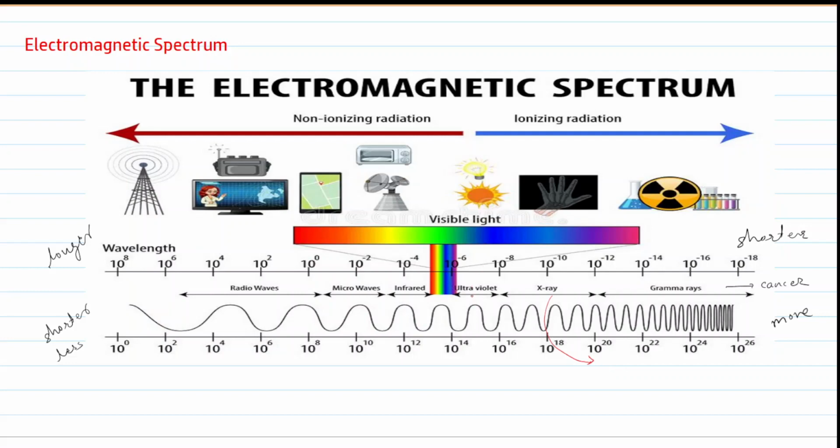Then these ultraviolet radiations are basically used in ultraviolet spectroscopy, where we can see the electronic transition from a lower state to a higher state. Then these visible radiations are also used in visible spectroscopy involving electronic transitions. Then infrared radiations are there.